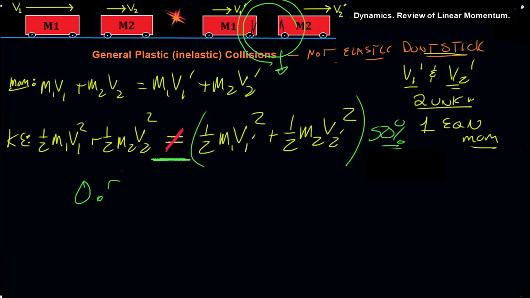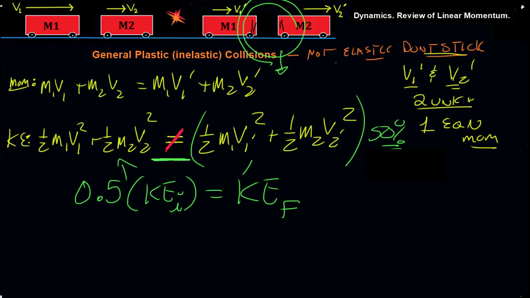We could say that 0.5 times the kinetic energy initial equals the kinetic energy final, and then plug in all the appropriate values, and we'd have our second equation, in which case we could solve for the two unknowns that we've got. Well, rather than doing that with the kinetic energy equation, we could also then do that with the relative velocity equation that we just developed.